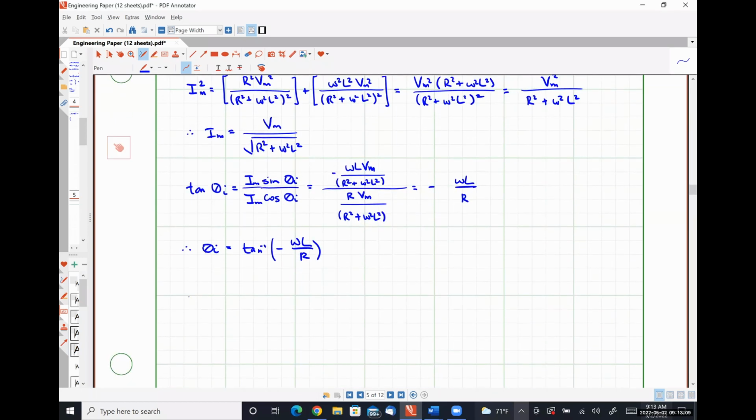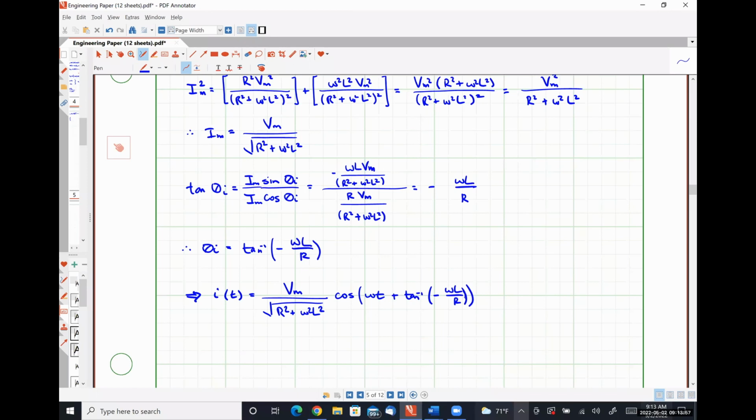And from this, i of t is Vm over the square root of r squared plus omega squared L squared times the cosine of omega t plus the inverse tangent of negative omega L over R. So we've solved it.